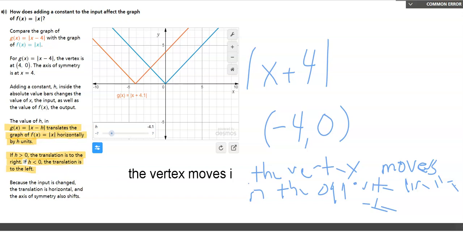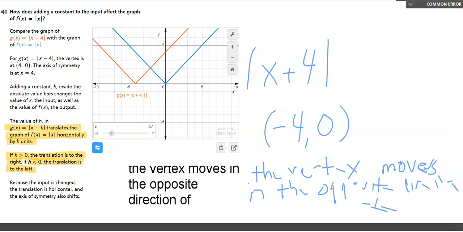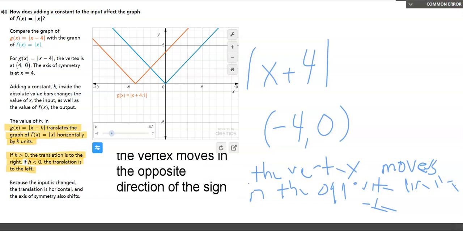The vertex moves in the opposite direction of the sign. That's the math gobbledygook for if h is greater than 0, the translation is to the right, and if it's less than 0, the translation is to the left. Or you can just have fun with the slider here.